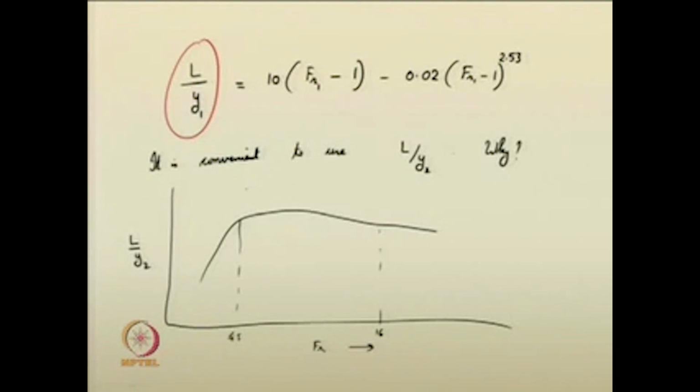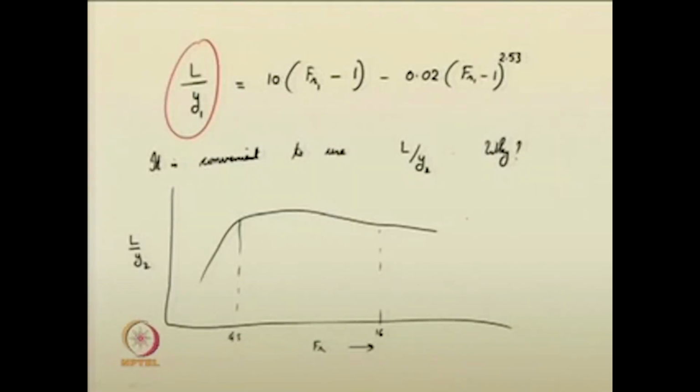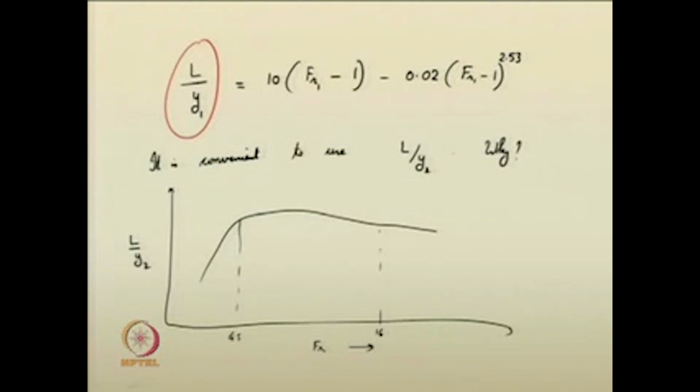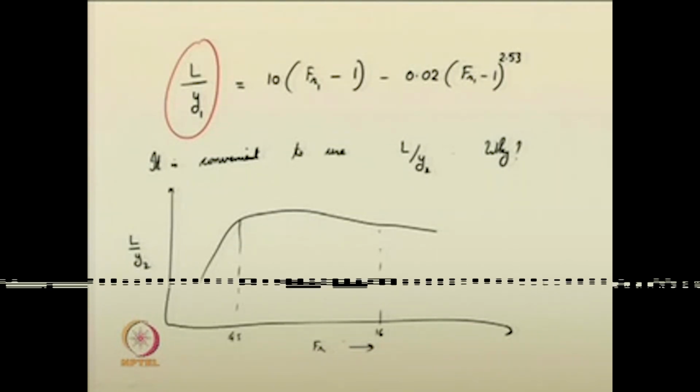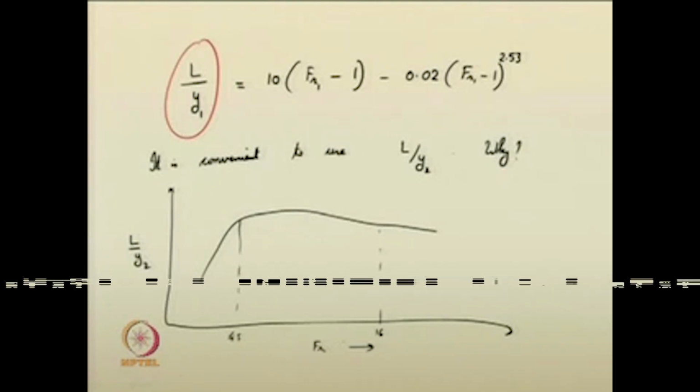The ratio L by y 2 is almost in the same range, it is not fluctuating. For example, with L by y 1, when you plot it, you may not get the relationship in this form. So, for design purposes, people have started using the L by y 2 ratio with respect to Froude number for evaluating the length of the jump.